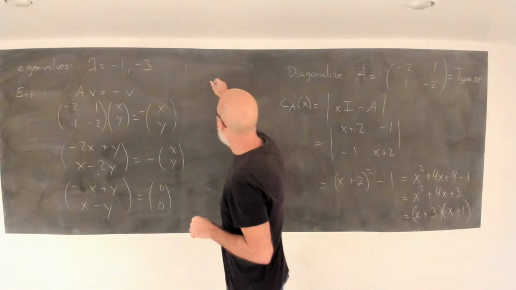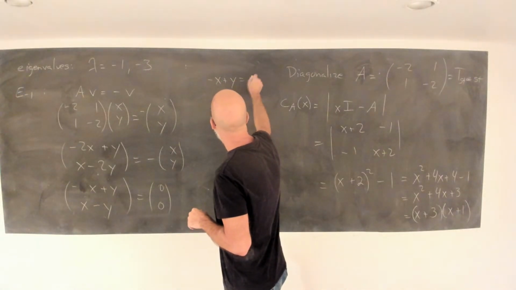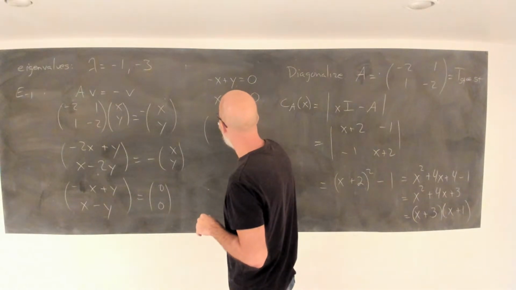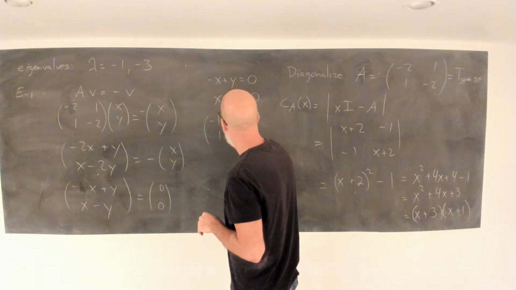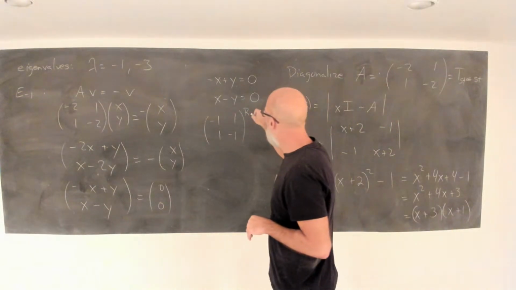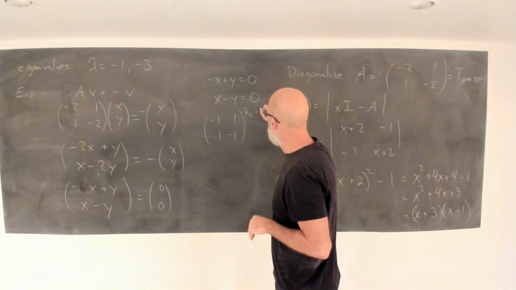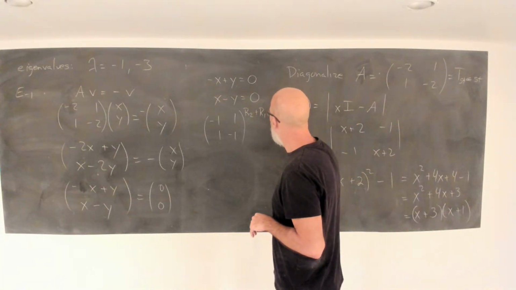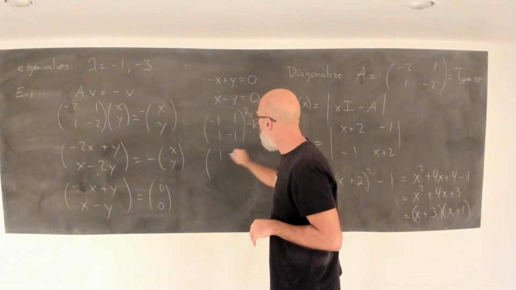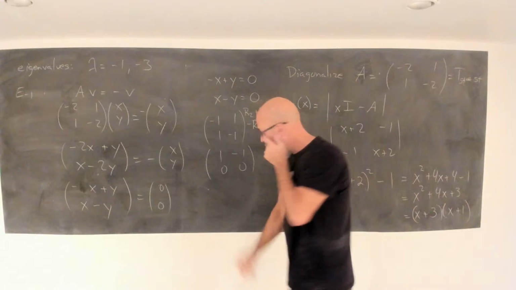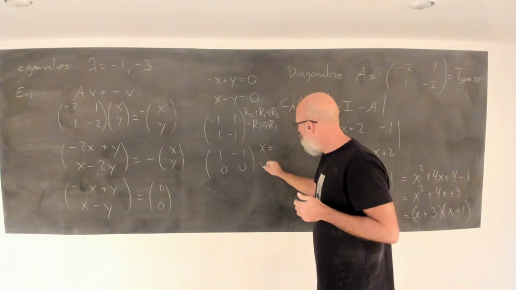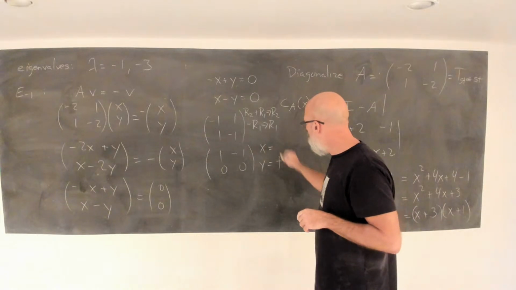So -x plus y is equal to 0, or x minus y is equal to 0 if we set up a matrix and row reduce. Row 2 plus row 1 for row 2, and minus row 1 for row 1. We get 1, -1, 0, 0. And so the solution is easily seen to be y equals t, x equals t.